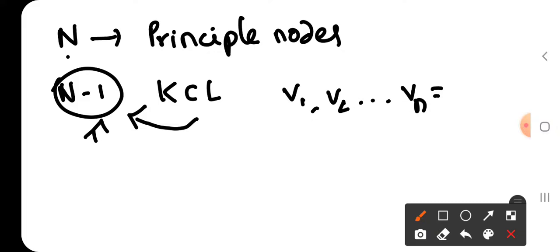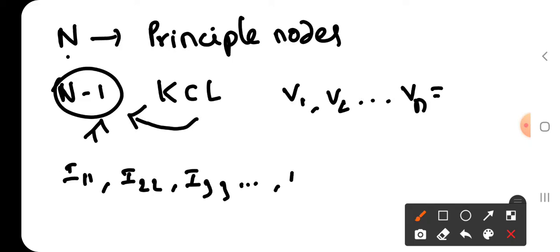Next, I11, I22, I33, and so on up to INN. These are the sums of current sources connected to nodes 1, 2, 3, and so on up to n respectively. What are these?